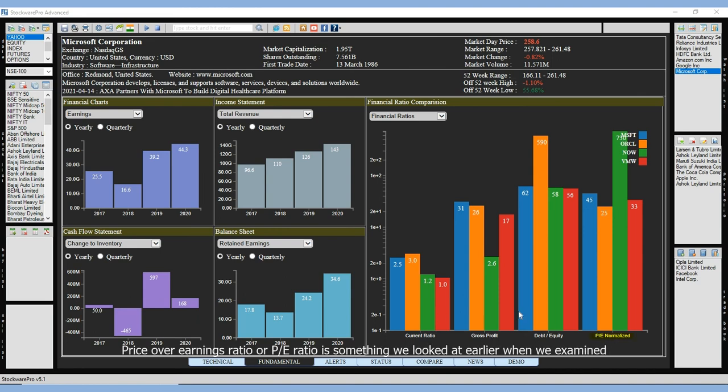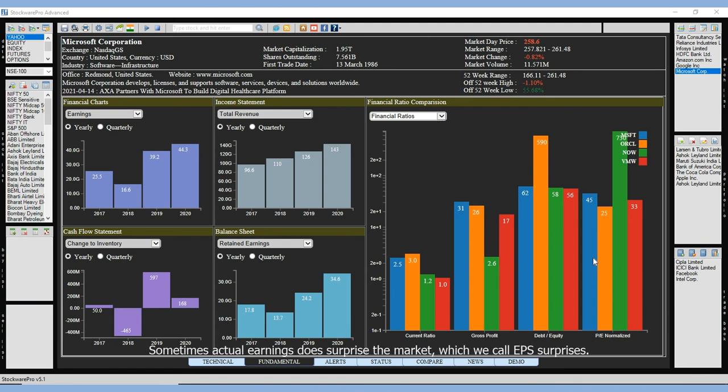Price over earnings ratio, or the PE ratio, is something we looked at earlier when we examined the income statement. It is an indication of whether the share price is overvalued or undervalued. Usually, a lower PE value is preferred since it suggests expectations are not too high and the company is more likely to outperform earning forecast.